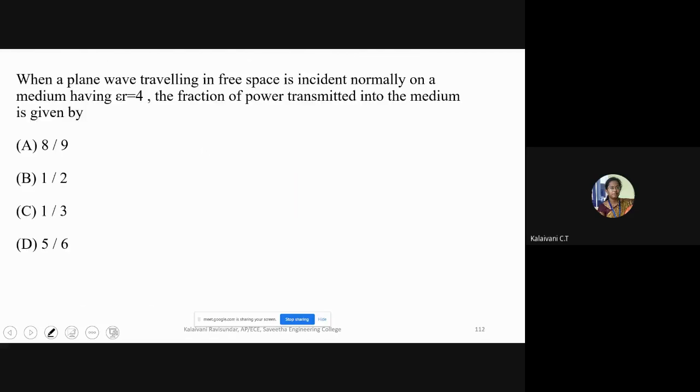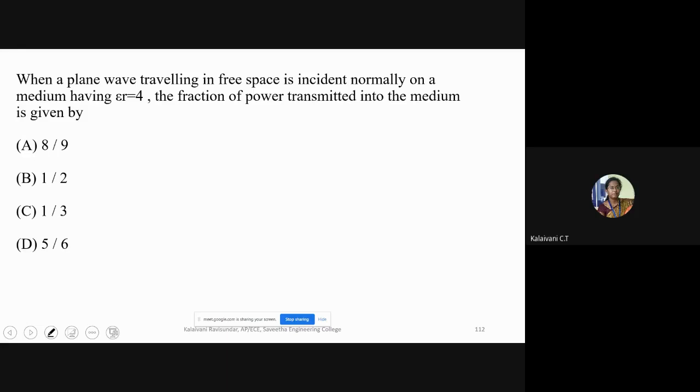Next question. When a plane wave traveling in free space is incident normally on a medium having epsilon r equal to 4, the fraction of the power transmitted into the medium is given by. So what are the given parameters?